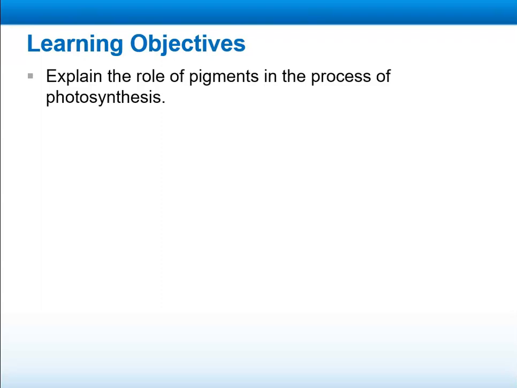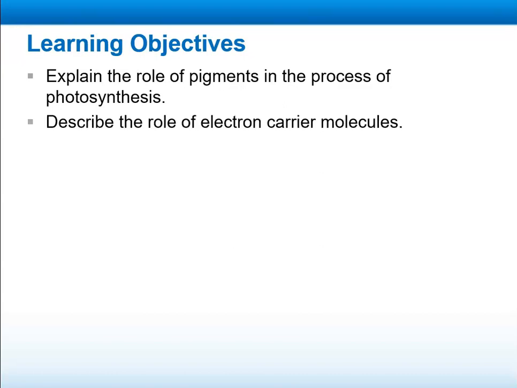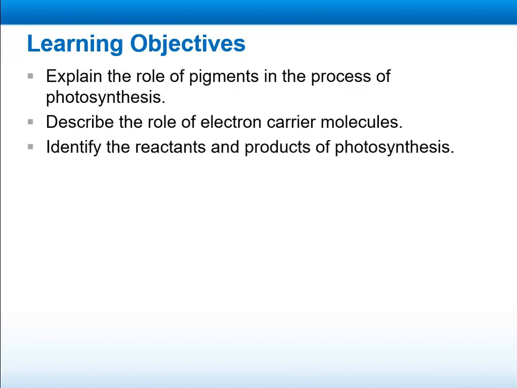Our objectives are to explain the role of pigments in the process of photosynthesis, to describe the role of electron carrier molecules, to identify the reactants and products of photosynthesis. If you can achieve these three things, then we'll have met the objectives of the overview.